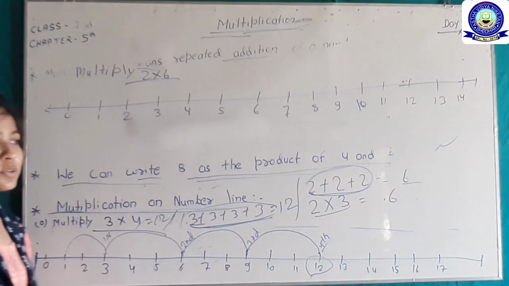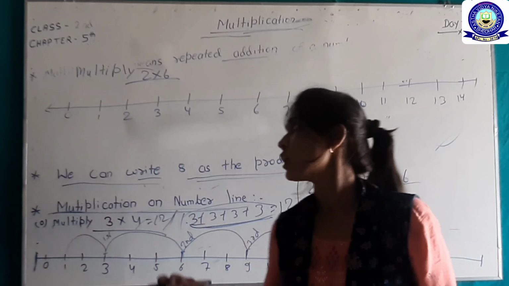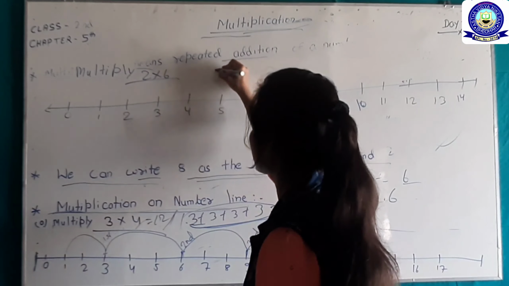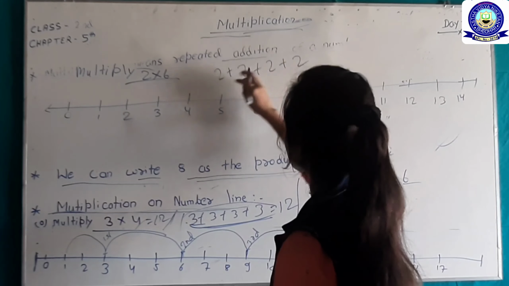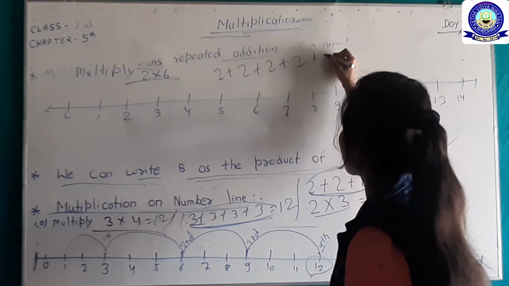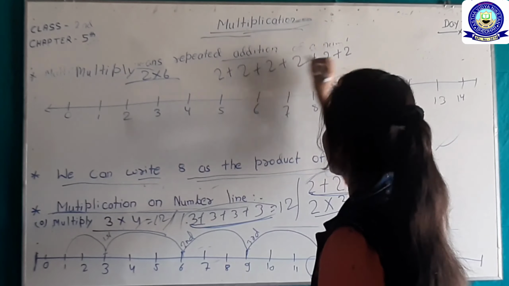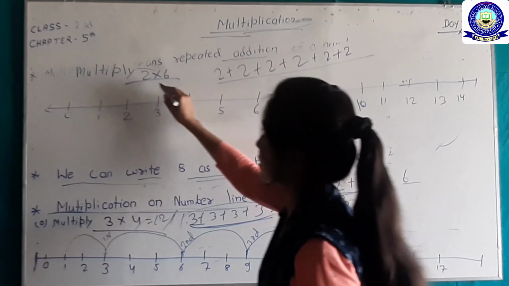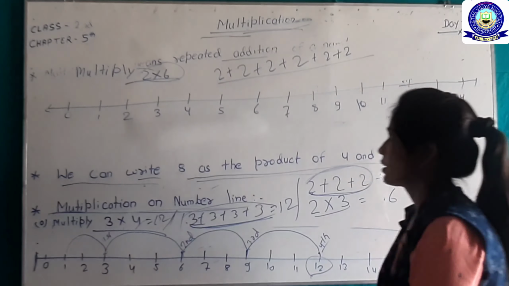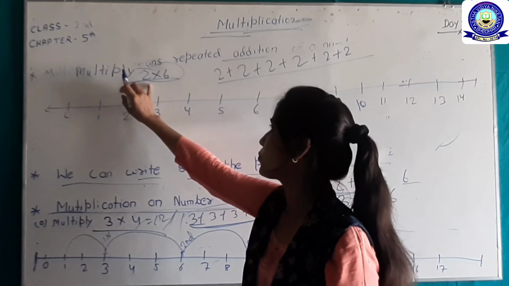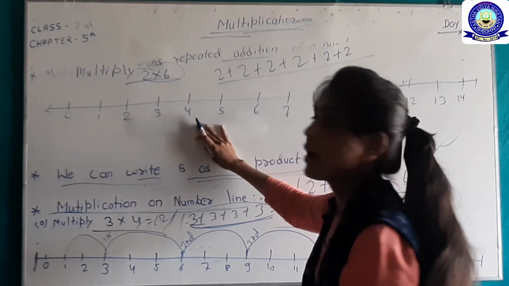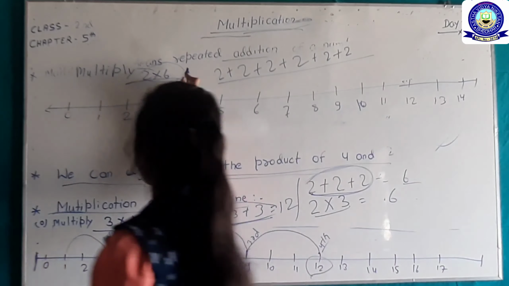That means you have to take 2 six times, 2 plus 2. Repeated addition is called multiplication. You have to find the product of 2 and 6 on the number line.